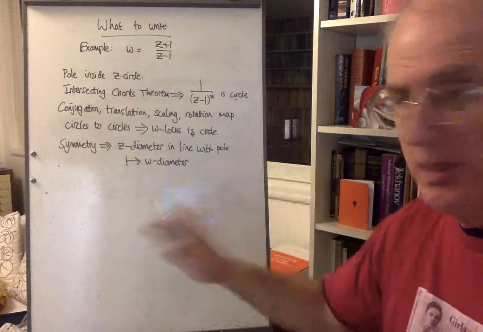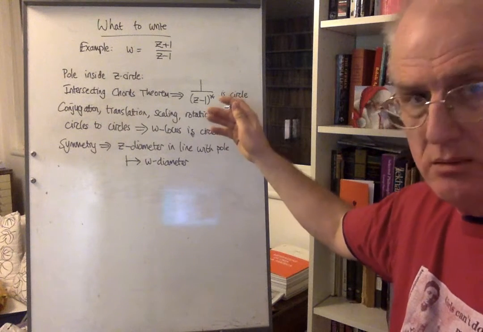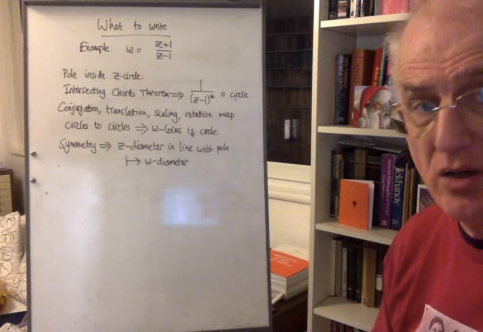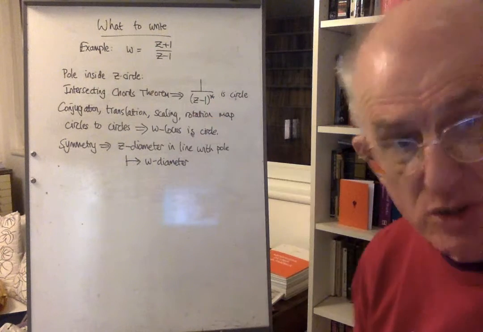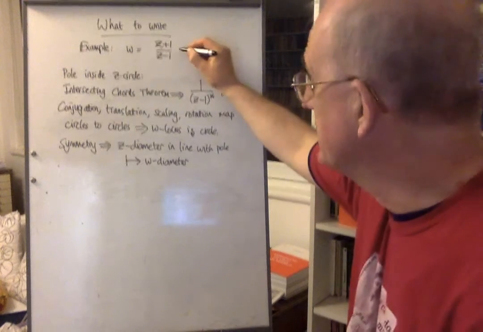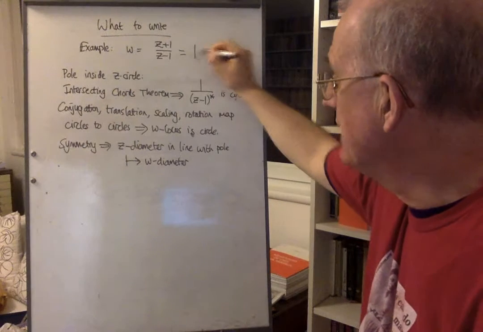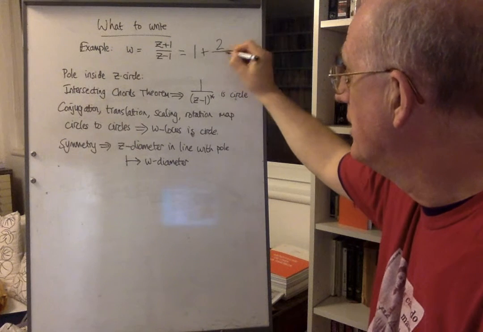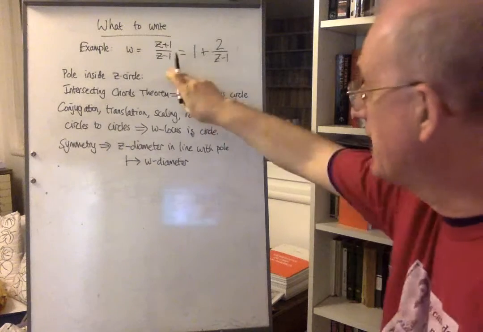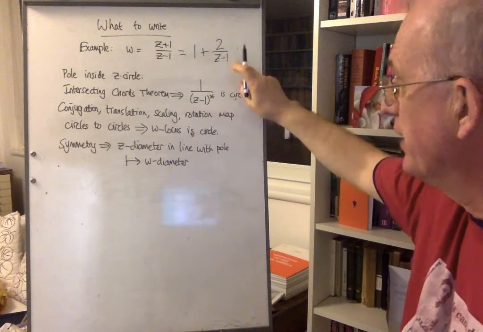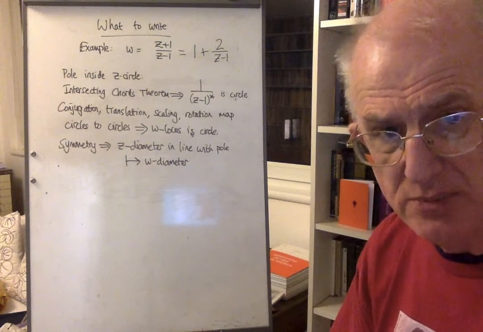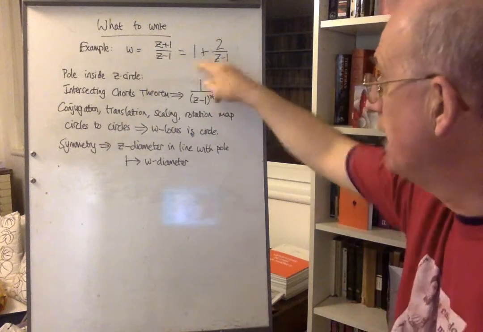And I'll explain why in the next video clip. But you can see if that's so, to get from that to that is not hard. Firstly, we've got to take the conjugate again to get 1 over z minus 1. But once we've got 1 over z minus 1, to get w from it, you've just got to double it, scale it up to twice the size, and add 1 to it.